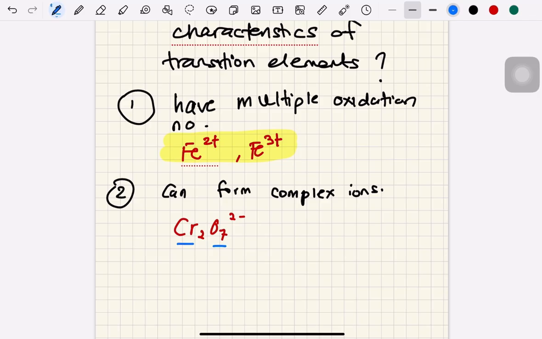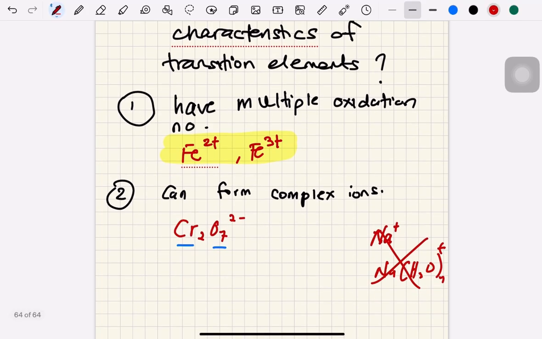So only transitional element yang boleh form complex ion. Okay, so macam let's say like just now Na+, mana ada like Na(H2O)4, and then it's still an ion, kan, tak ada. So other groups cannot do this, tapi transitional element can.